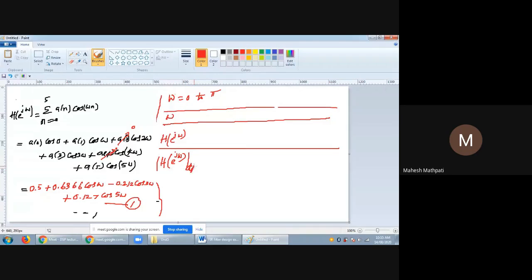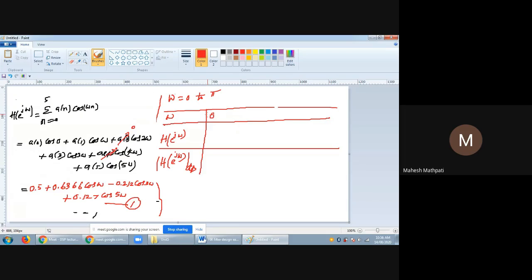Now, first, if I want to calculate at omega equals 0, what will be the value of h of e power j omega? Can you calculate that? Complete the table.